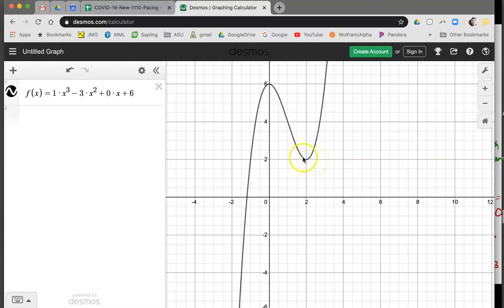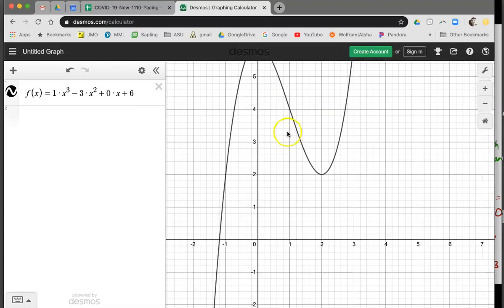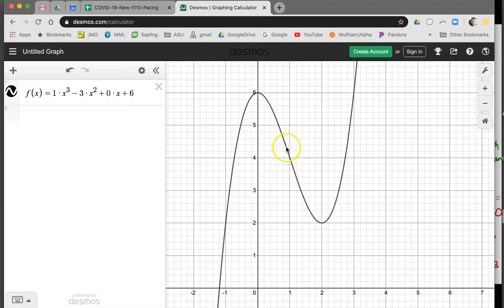We have an inflection point at 1. If we zoom in on this function, to the left of 1 the function is below its tangent lines, and on the right side of 1 the function is above its tangent lines.